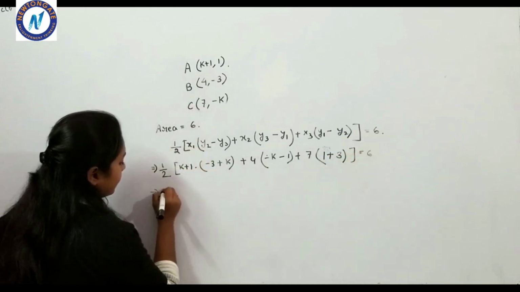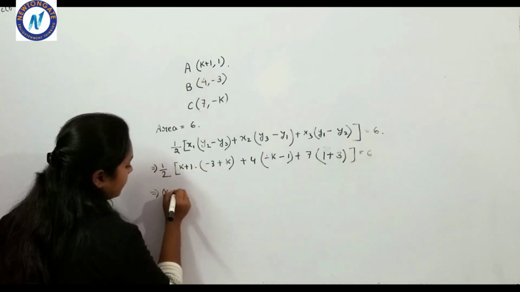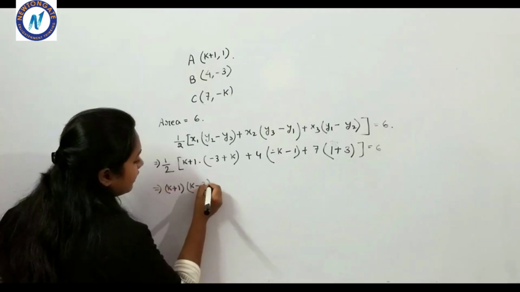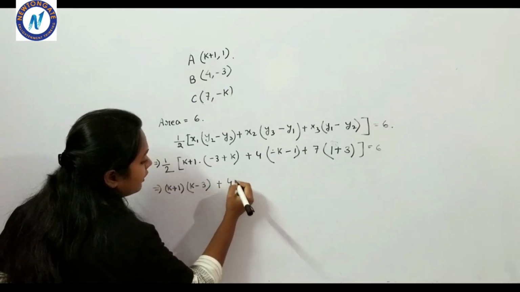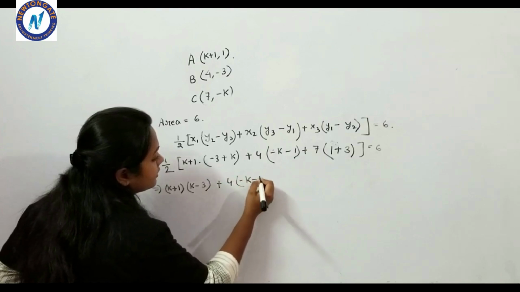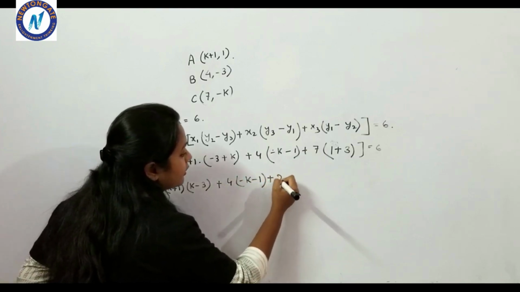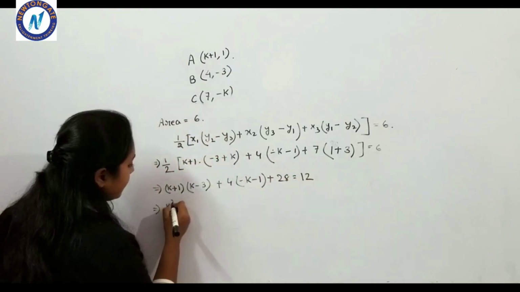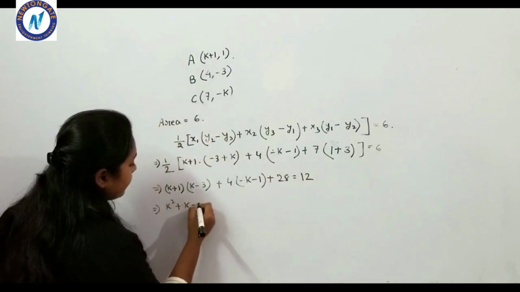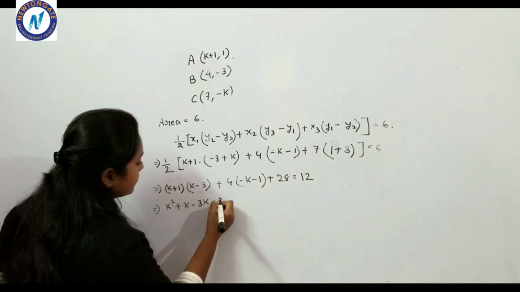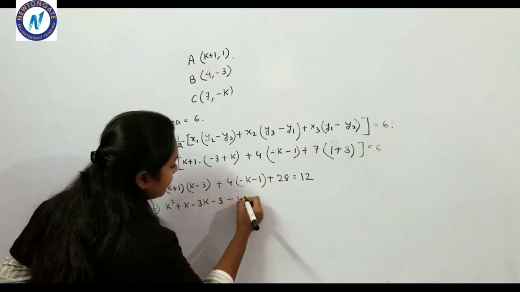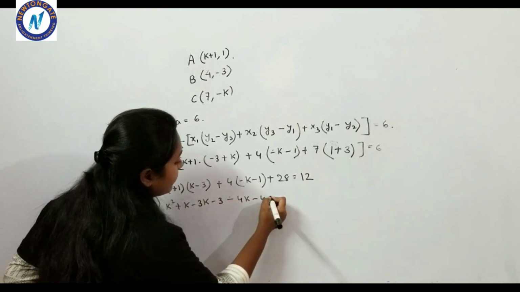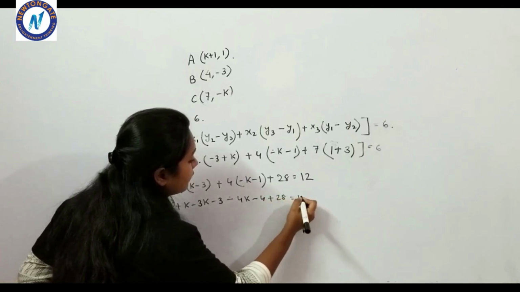Then k plus 1 multiplied with k plus 3, plus 4 into minus k minus 1, plus 28 equals 12. K square plus k minus 3k minus 3 minus 4k minus 4 plus 28 equals 12.